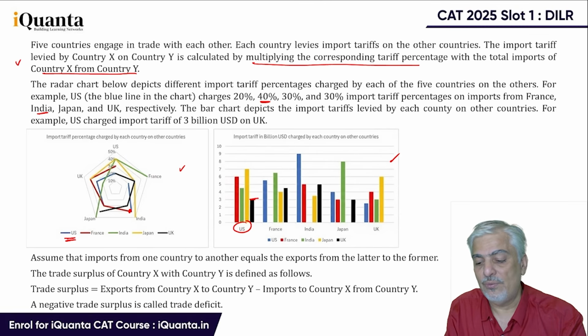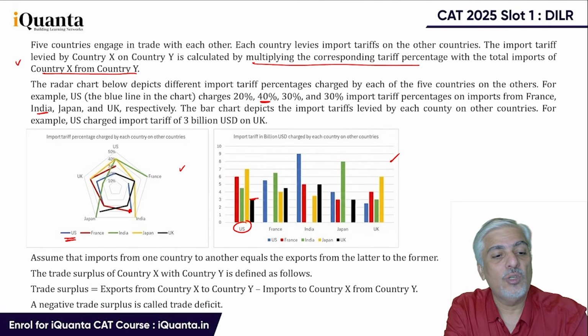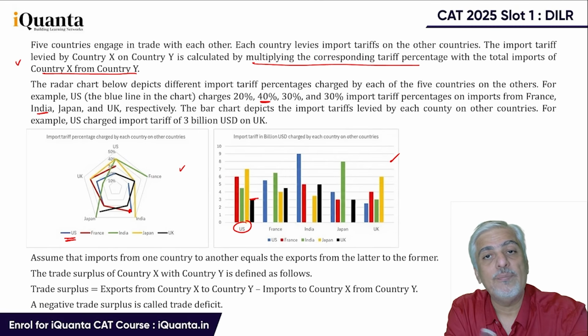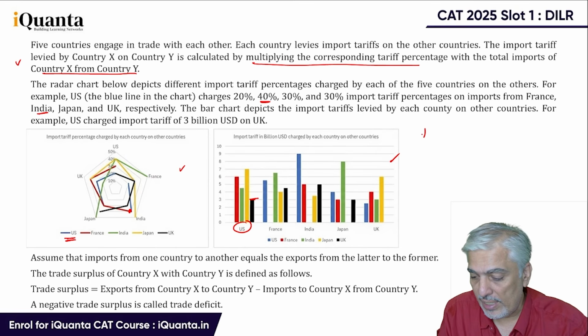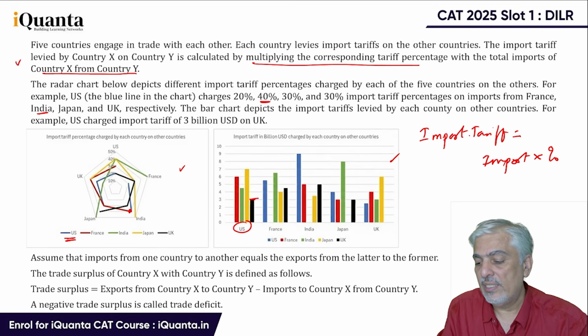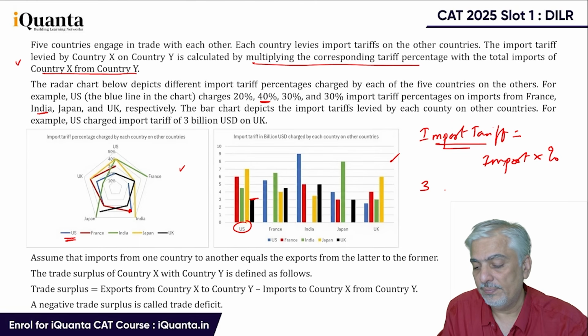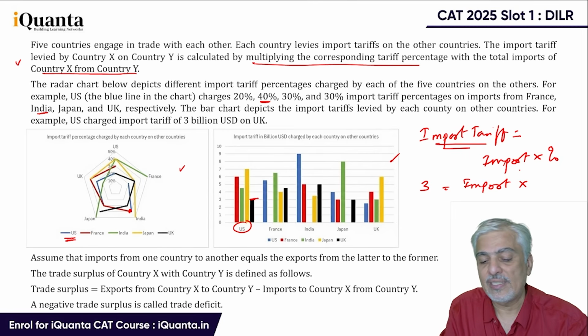This 3 billion has come from the total imports by charging 50%. So 3 billion is actually the import tariff, and how much the imports were can be calculated. So in short, import tariff is the import into the percentage. Now I know this is 3 billion, but I can calculate the import if I know the percentage, and all the percentages I know from the graph. So that we can do.